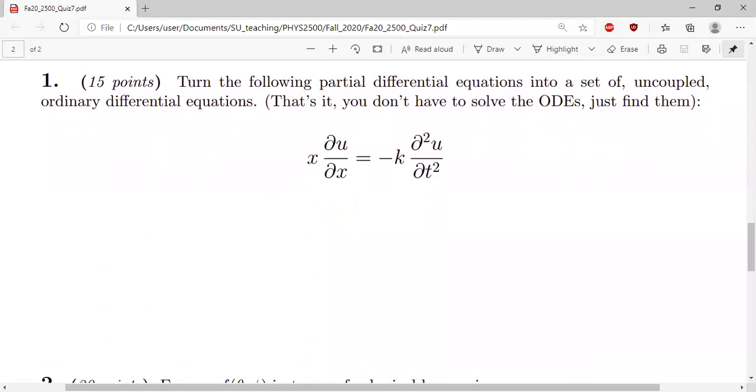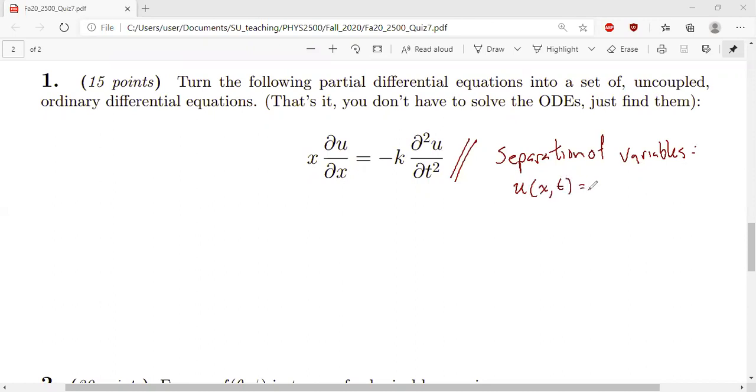So the first question is to turn the following partial differential equation into a set of uncoupled ordinary differential equations. You don't have to solve them, just find them. And the fundamental trick of doing that is separation of variables, which is to make the assumption that, in this case, I see that I'm taking derivatives of u with respect to the variables x and t.